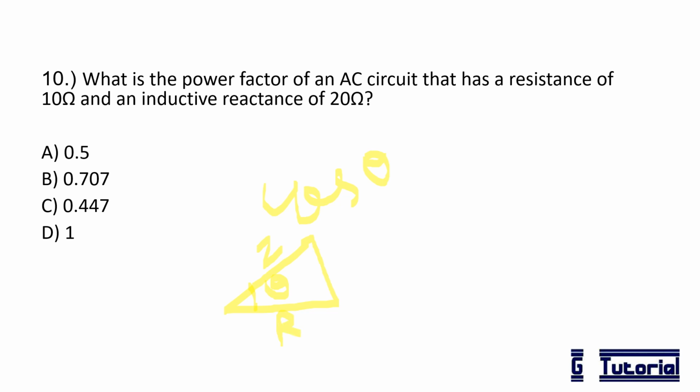This is R and this is X. So cos theta is given by R by Z. Here R is 10.